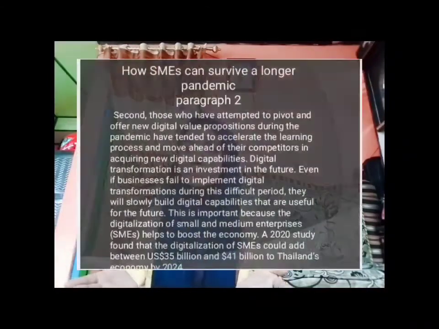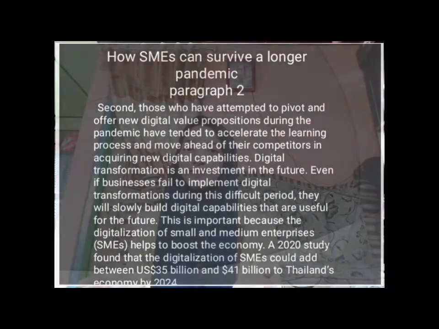Okay, we will continue to paragraph 2. The main idea of paragraph 2 is located at the beginning of the paragraph. The context is, second, those who have attempted to pivot and offer new digital value propositions during the pandemic have attempted to accelerate the learning process and move ahead of the competitor in acquiring new digital capabilities.